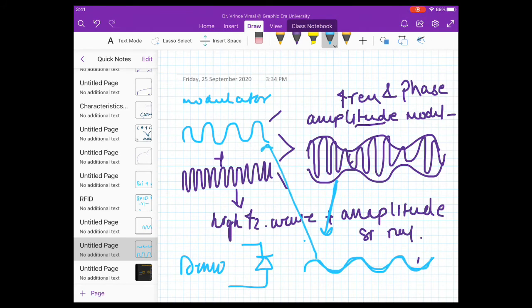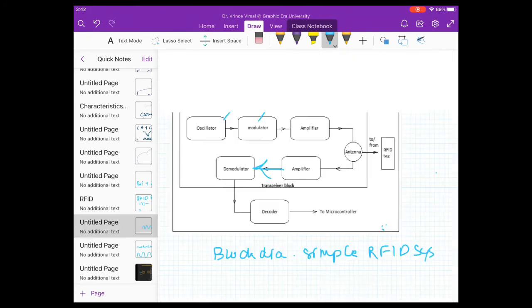A lot of other engineering and communication processes, filtering and so on, are to be done, but at this point of time you should understand this much only. Once we come across this, we'll be discussing it in further detail.